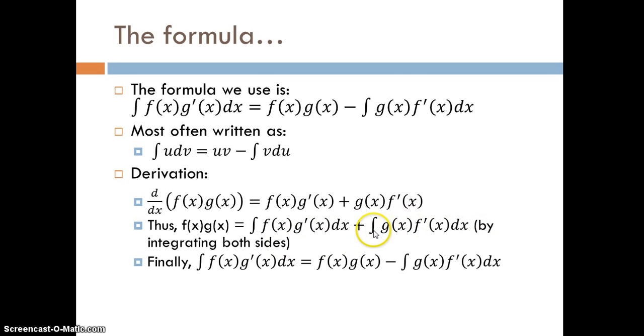And finally, moving this very last integral, the integral of g of x times f prime of x dx, over to the left side, gets us the formula that we have above. So it's not too hard to remember. The integral of u dv equals uv minus the integral of v du, and usually we stick with that formula when we're doing these problems. So let's look at an example.